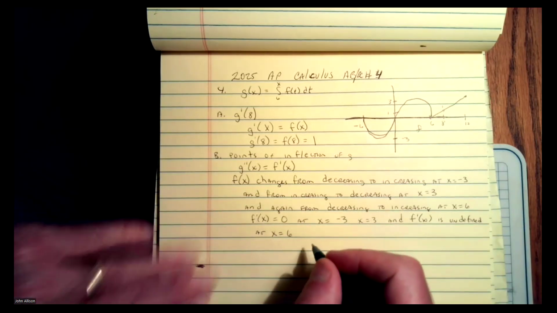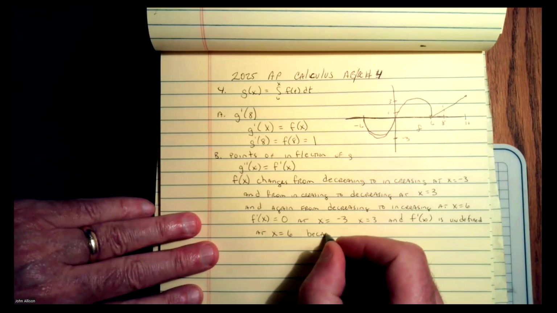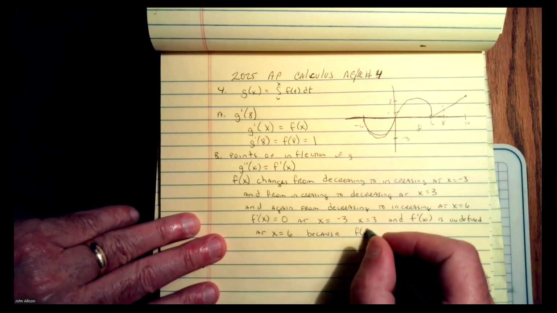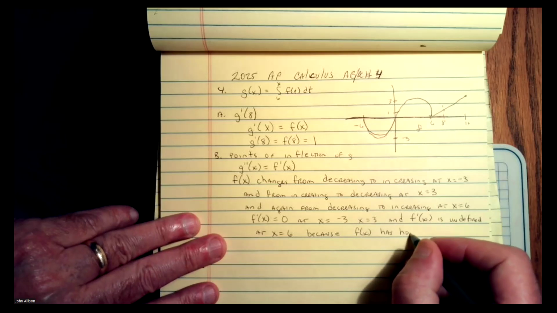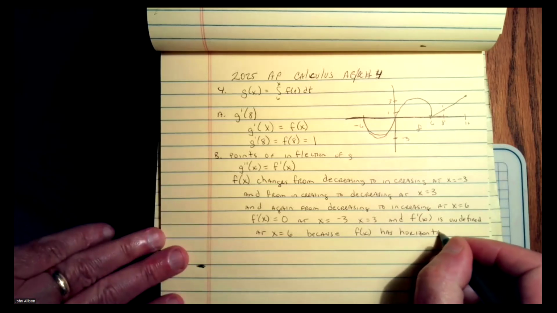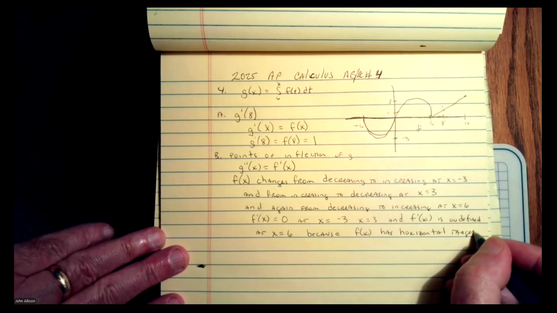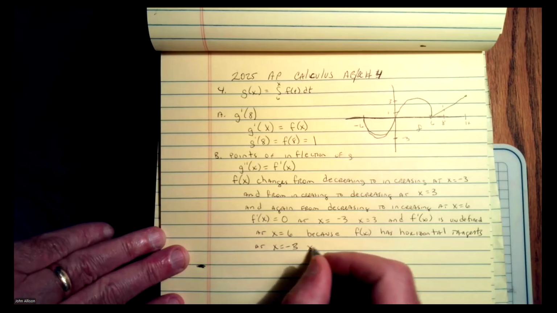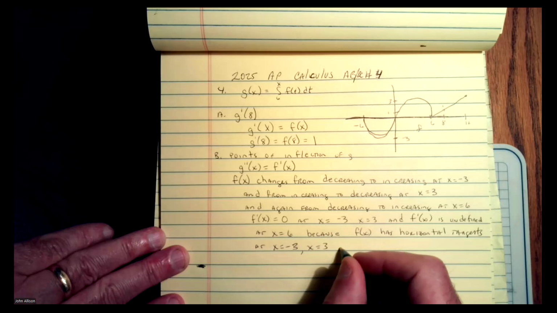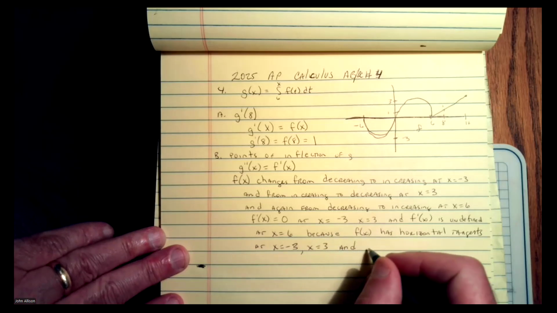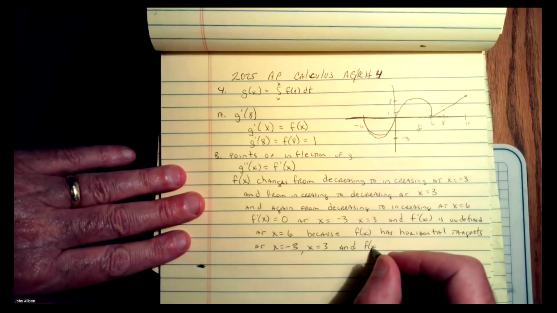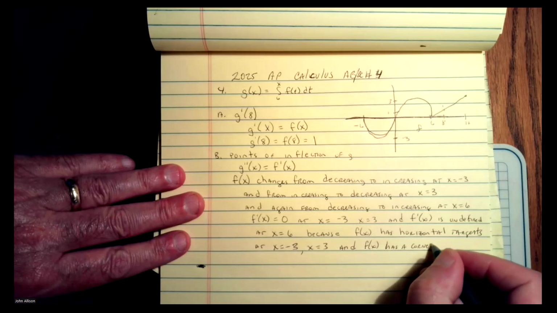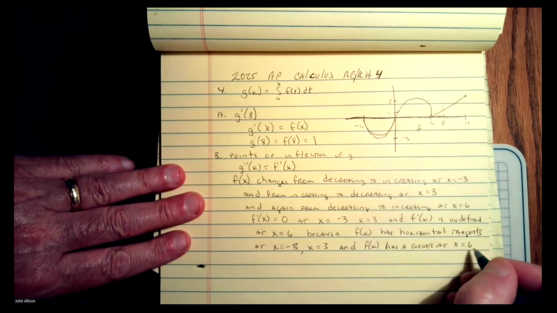At x equals 6, because f of x has a horizontal tangent at x equals -3 and x equals 3, and f of x has a corner at x equals 6.